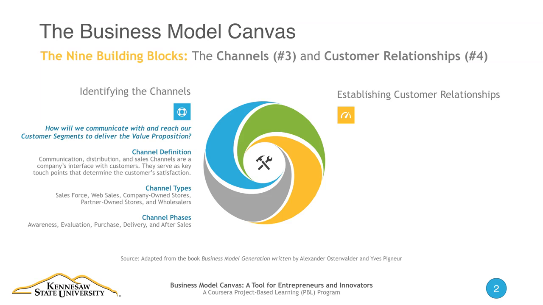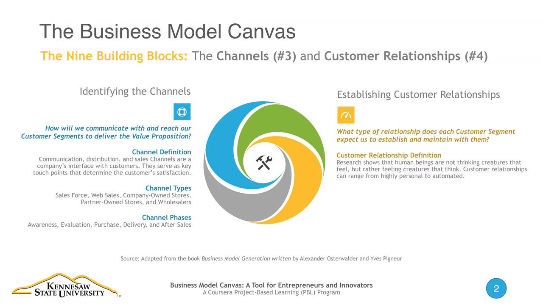Building block number 4, customer relationships. Customer relationships are very closely tied to channels. Every business needs to decide what kind of relationship will be required in order to make the business model work. Customer segments and customer relationships can range from highly personal to highly automated.